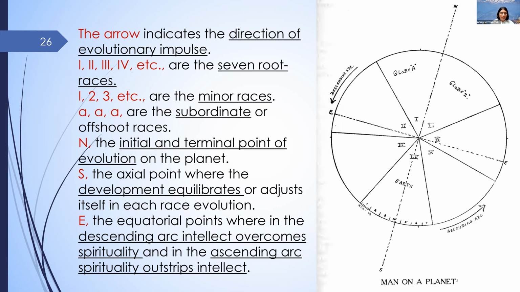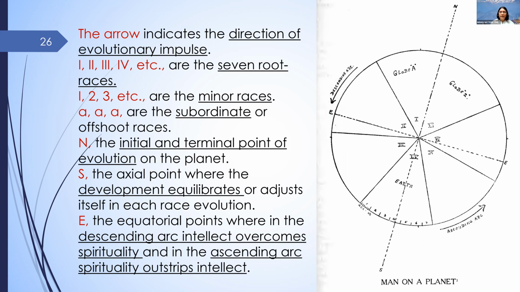So this top point N, it indicates the initial and the terminal point of evolution on our planet, Earth. Initial point is beginning of the first root race, which is given by that Roman number 1.